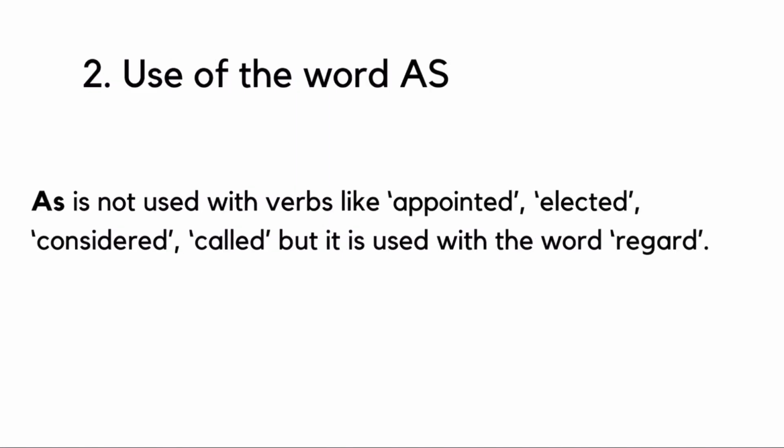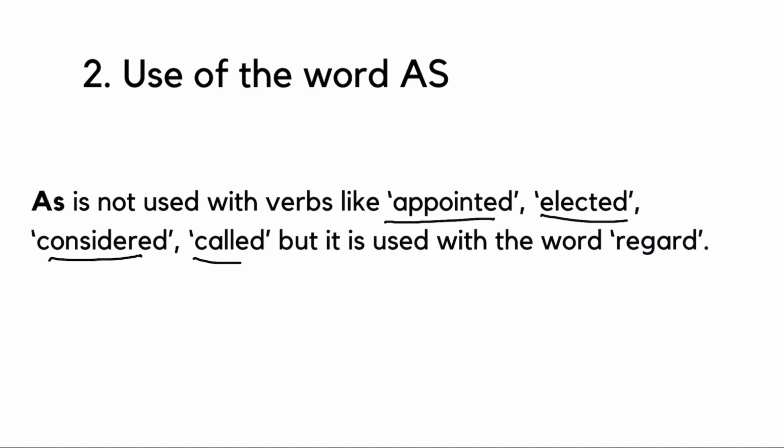The second is the use of the word as. Now, as is not used with verbs like appointed, elected, considered, called, but it is used with the word regard. Whenever you start solving these questions, as will fit perfectly in the way we speak: appointed as, elected as, considered as, called as.